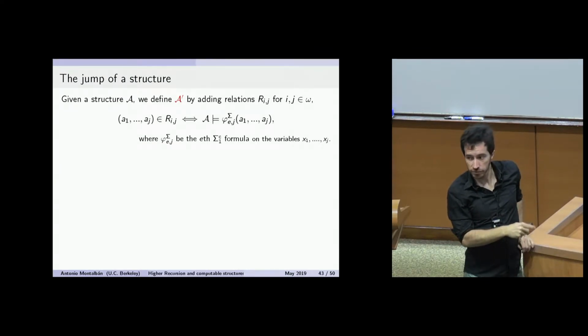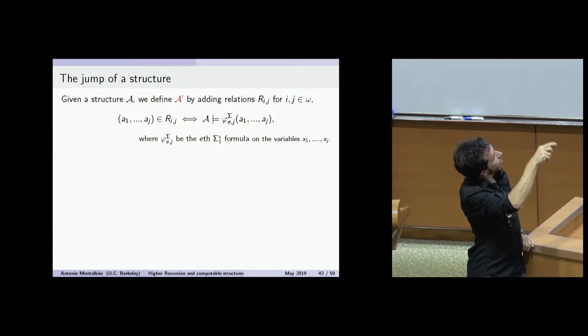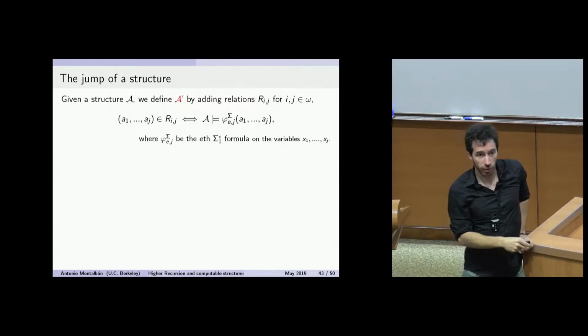So you take all the computably infinitary sigma 1 formulas. The j is the arity, so phi e, this is the e-th sigma 1 formula with arity j, and then you use R_i^j to encode that sigma 1 formula.